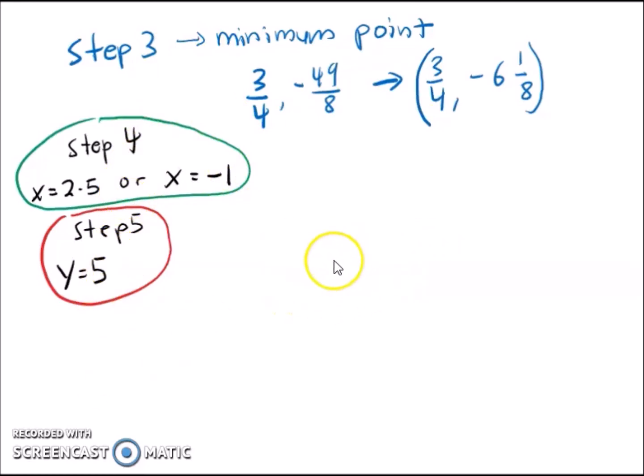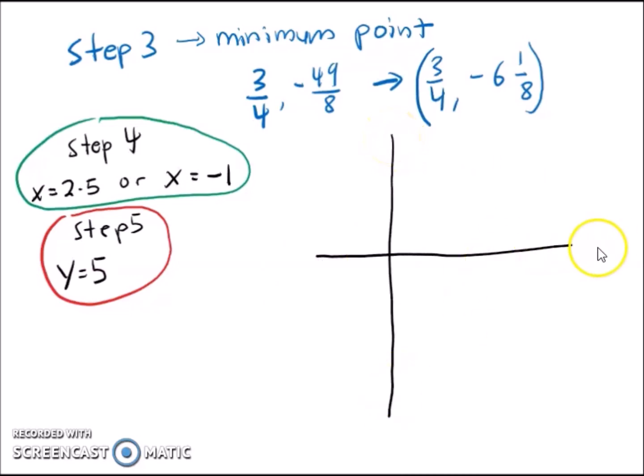Okay, now let us continue with drawing the graph. So we'll be getting a smiling graph. Okay, now first we plot the minimum point here. So here we make it 1, and here's 2, and here is negative 1. And here we are getting 3 over 4, negative 6.